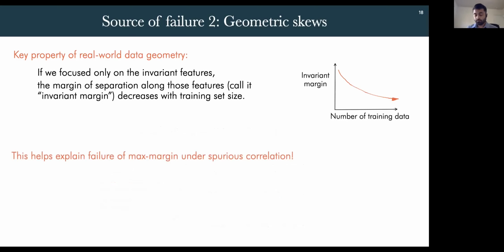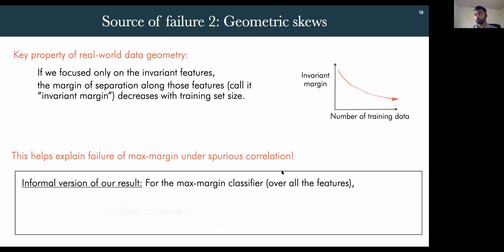So why does this help? Like I said, this observation is crucial towards understanding why the max margin classifier uses these spurious correlations. For that, we have the following result about max margin classifiers. Imagine that the total norm of the classifier is 1. I'm just looking at the magnitude of the spurious component in the classifier.